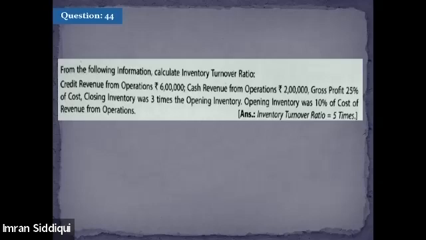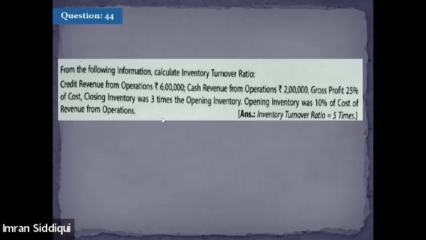Or let's do one thing. Let's solve this question, question number 44. Credit revenue from, this is not credit revenue, it's cost of revenue from operation. There is a mistake in writing it. The cost of revenue from operation or credit revenue from operation is the same thing. 6 lakh.